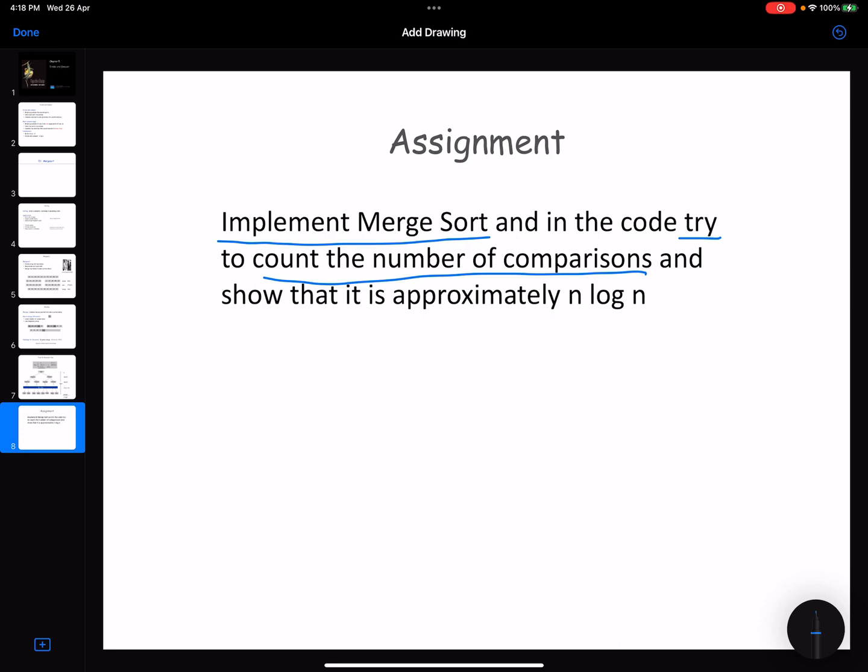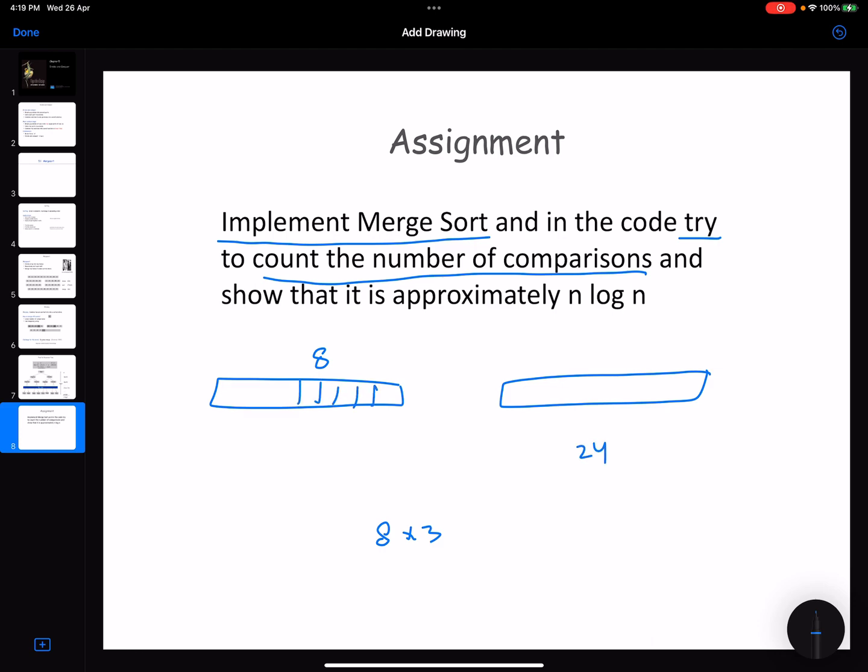And after you run the algorithm, let's say you have an array of size 8, the program will print a sorted array and also the number of comparisons. In this case, it's expected to be n log n, 8 multiplied by 3. So to sort an array of size 8, you should get something close to 24 comparisons.